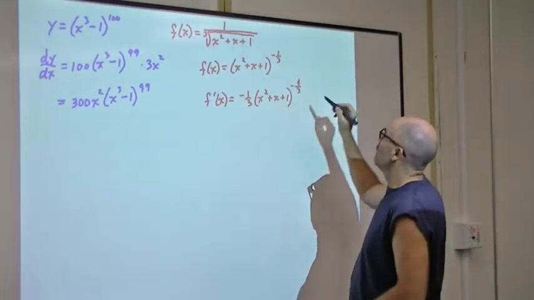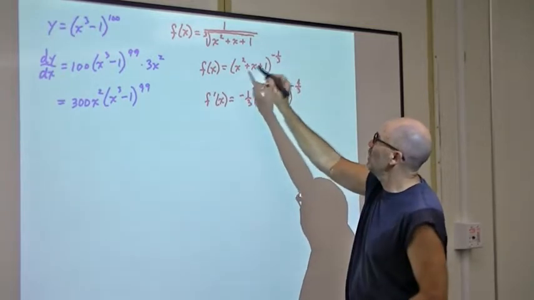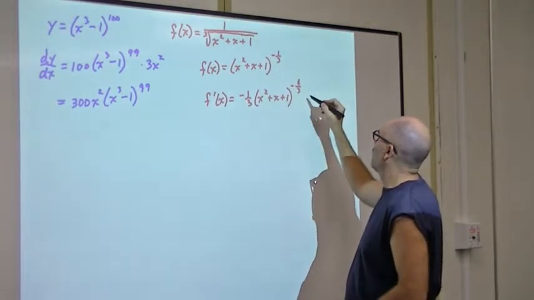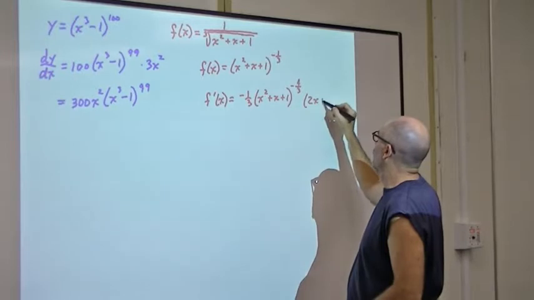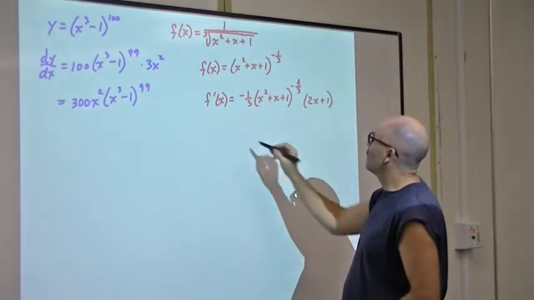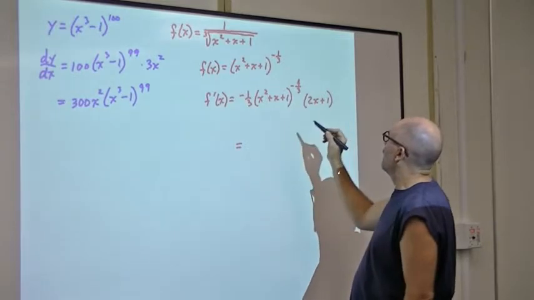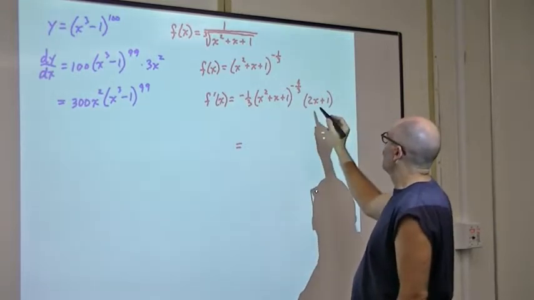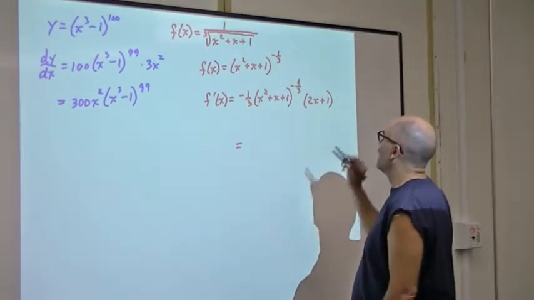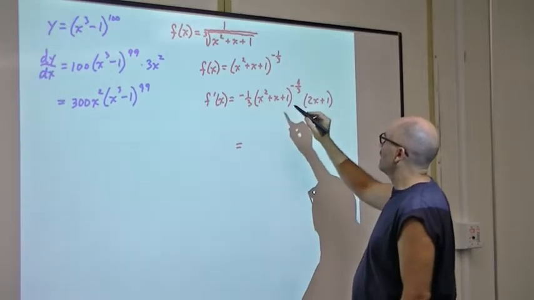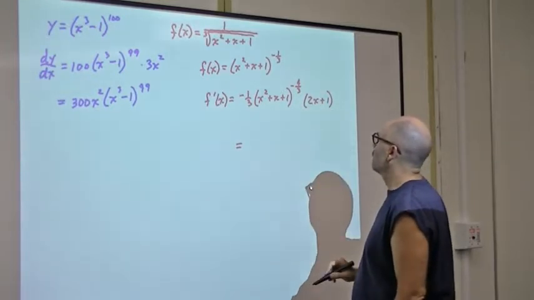The derivative of the inside is 2x plus 1 plus 0. So the final answer then is going to end up being negative (2x plus 1) over 3 times (x squared plus x plus 1) to the negative 4/3.